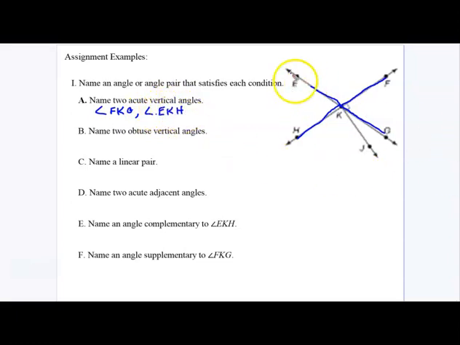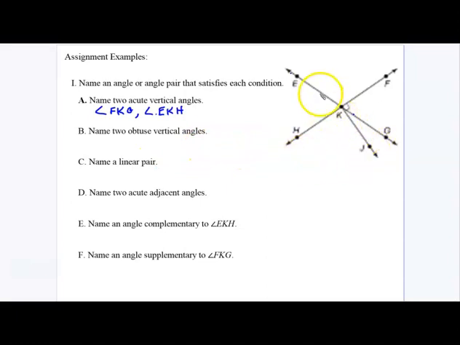All right, so I'll erase that so we can look at our figure again. Okay, now let's name two obtuse vertical angles. Obtuse, of course, means between 90 and 180, greater than 90, less than 180.